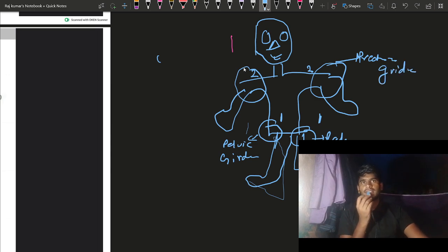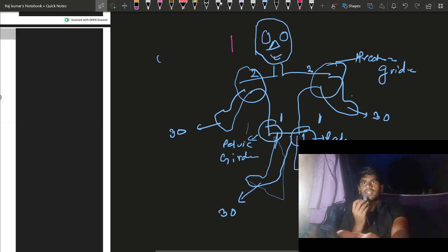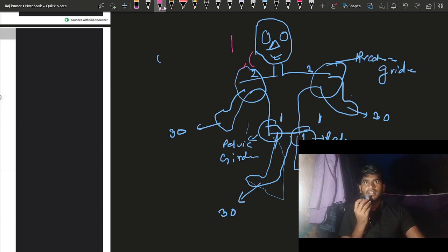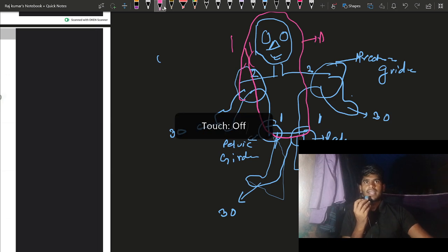So this is our hand. That means in the hand, this side is 30, and this side is also 30, and this leg part is 30, and this leg part also 30. See, this whole area is known as axial. So the axial skeleton has a total of how much?